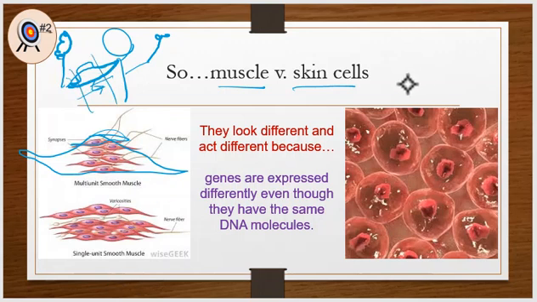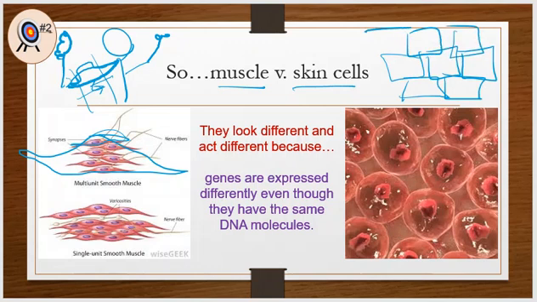Skin cells are stacked on each other, much like tiles on a roof. And they do that to act as a barrier for the outside. If you get an abrasion and you lose a couple layers, you still have these skin cells to prevent invaders from coming in.